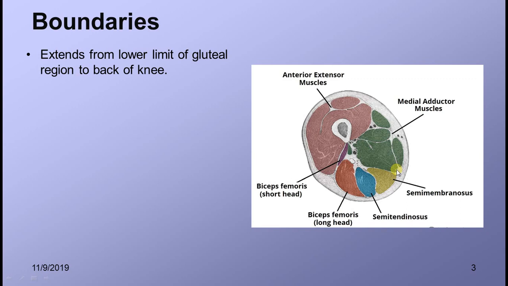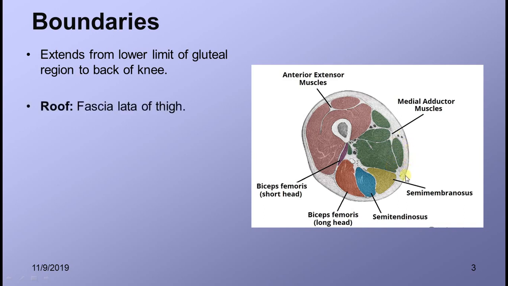The posterior intermuscular septum itself is incomplete because the adductor magnus muscle, you see here this large adductor magnus muscle, takes origin both from the adductor compartment as well as from the posterior compartment. So due to this, you have an incomplete posterior intermuscular septum.